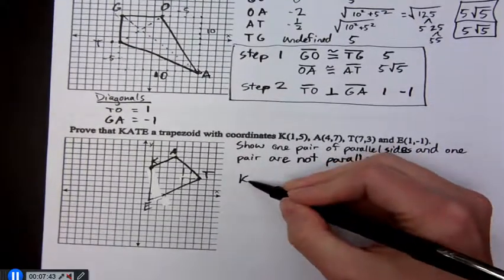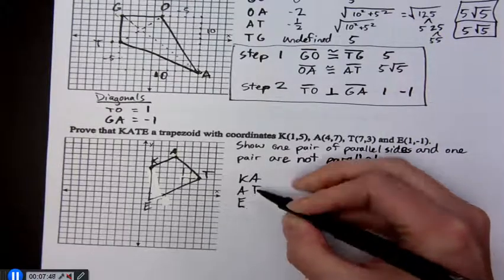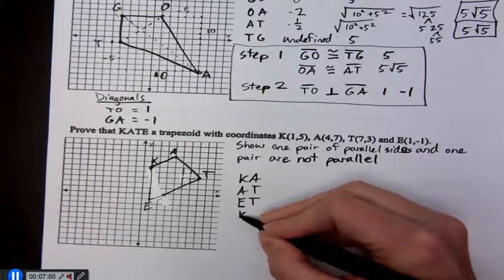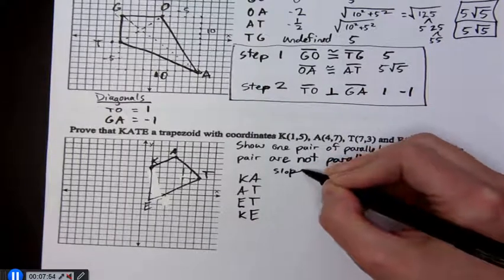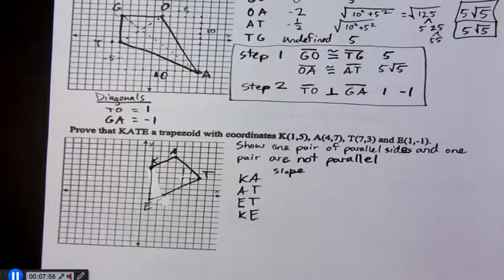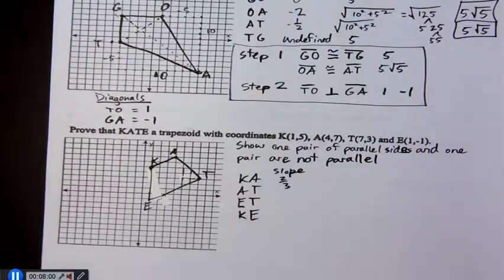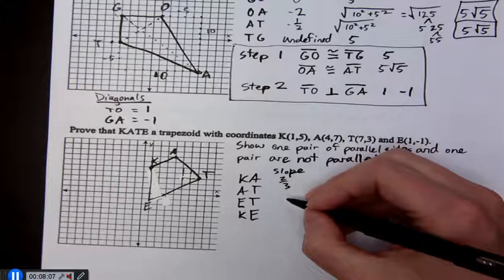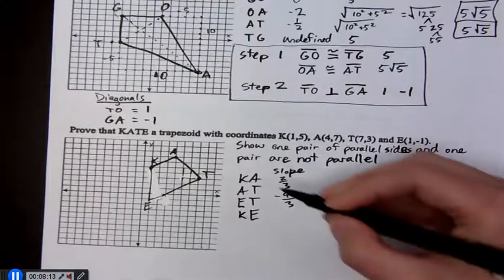Okay, so we're going to find slopes KA, HE, ET, and KE. What is our slope of KA? 2 over 3. How about AT? AT is negative 4 over 3, right? I did not leave myself space here.